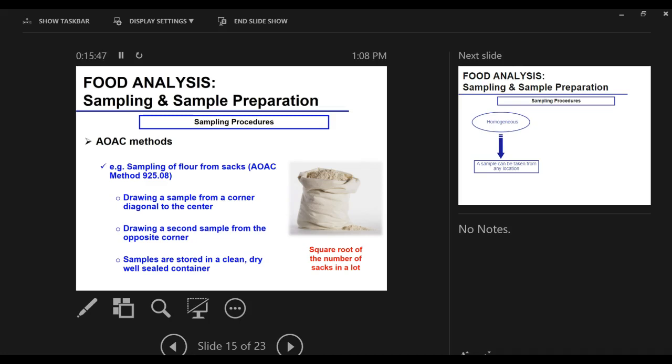From these 10 bags, the way you pull out a sample, you pull out 2 samples, drawing a sample from a corner diagonal to the center. And you draw a second sample from another corner. You take these samples and store them properly in a sealed container in dry and clean conditions.